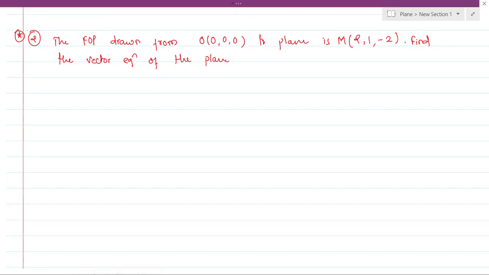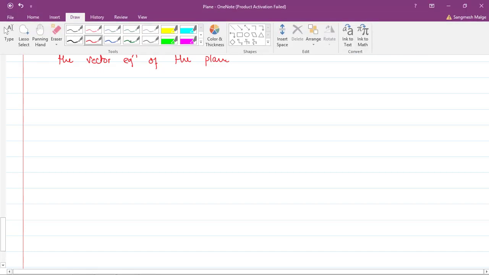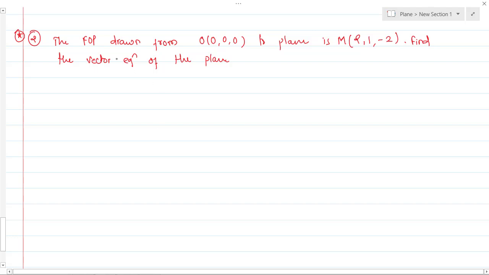Let me first draw the figure based on the information they have given. The foot of perpendicular drawn from the origin to the plane is M. So let's have the x axis and y axis, and let me have a plane.